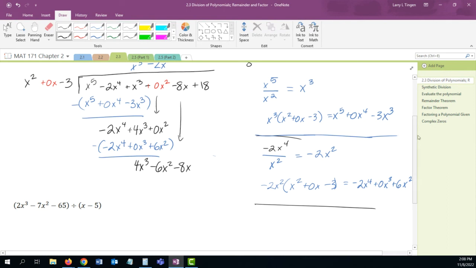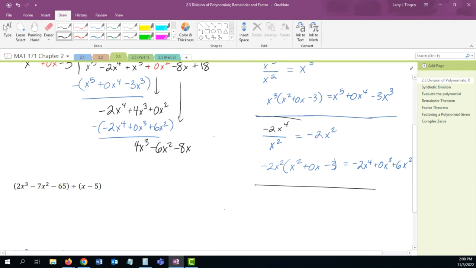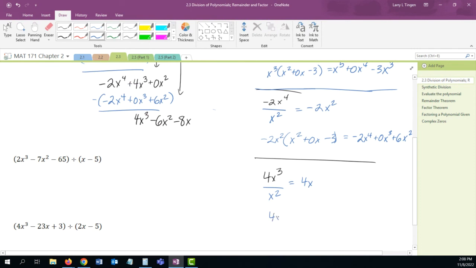So now I take 4x cubed and I divide it by the leading term of the divisor, which is still x squared. It's the same term. 4x cubed divided by x squared is 4x. And then I take that 4x and I multiply it by the divisor.